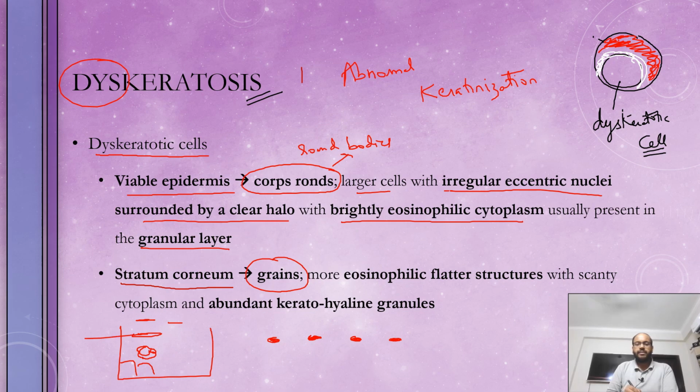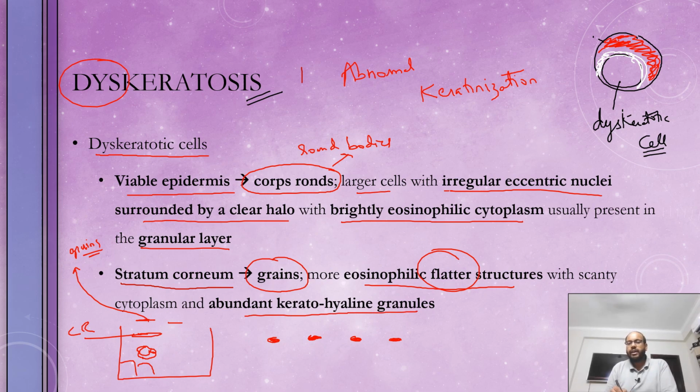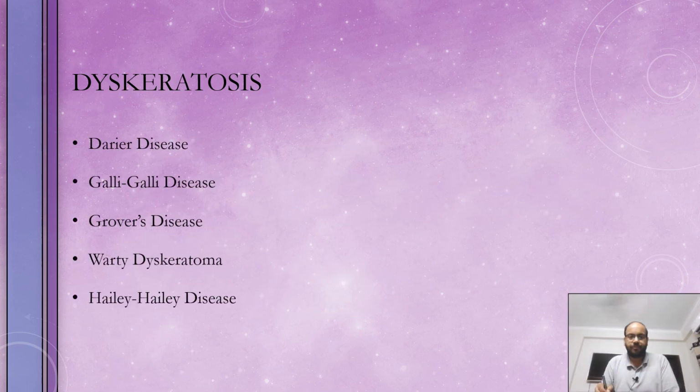If the problem occurs at the level of stratum granulosum, you have corps ronds. If it occurs at the level of flattened stratum corneum, you have grains, like grains of rice. They are more eosinophilic, flatter structures with scanty cytoplasm because they have reached the stratum corneum and have abundant keratohyalin granules. So that is the difference between corps ronds and grains.